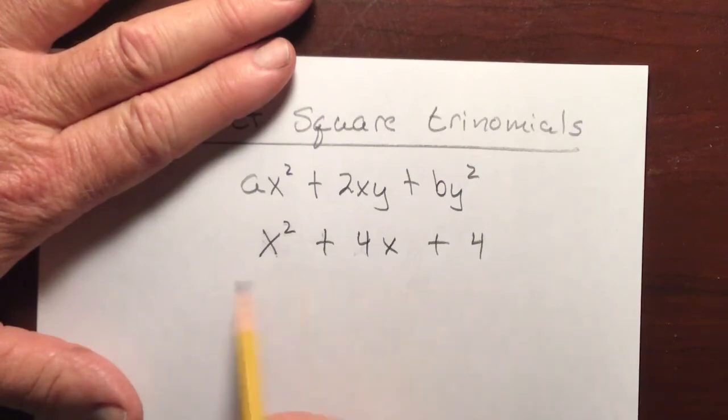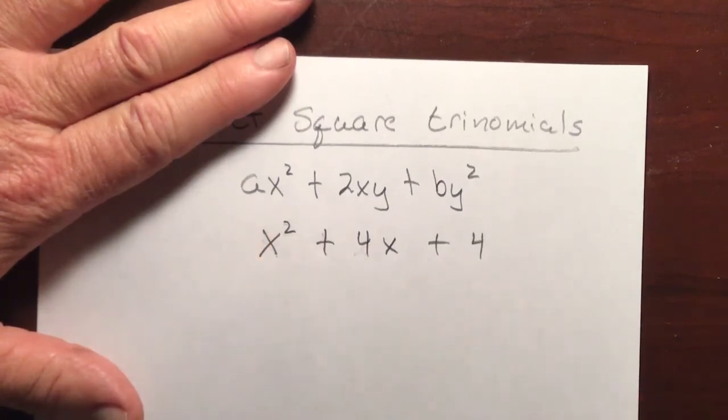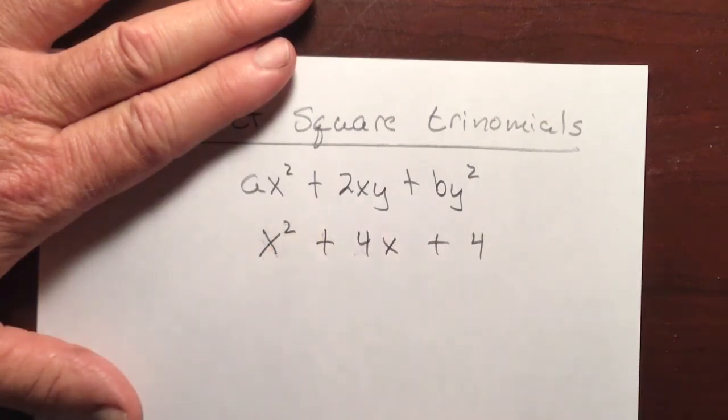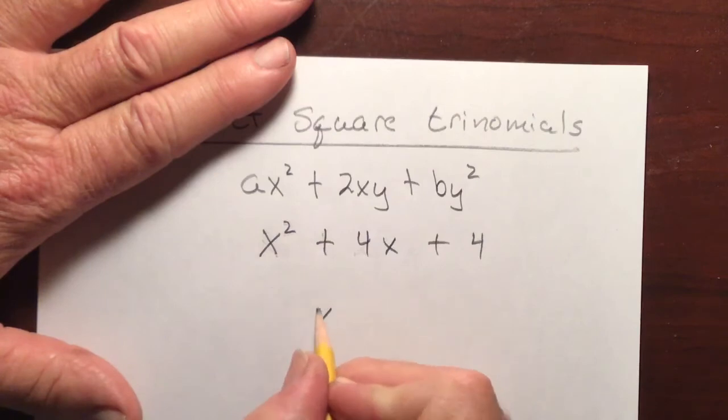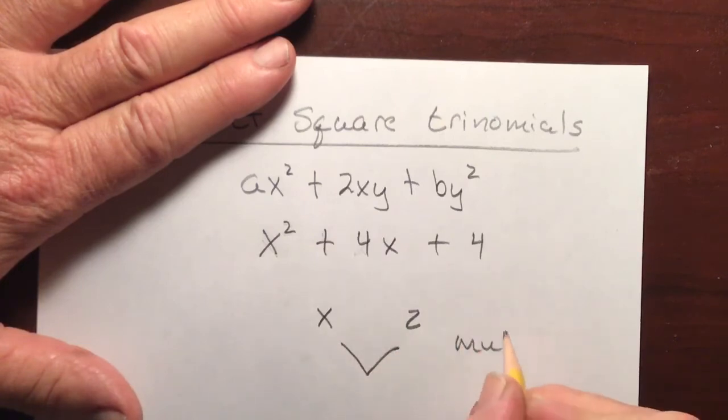If you factored this the same way that I showed you when a is 1, it's still going to come out the same. But what you could do is say, oh okay, what's the square root of x squared? x. What's the square root of 4? 2. You take these two, you multiply them, and double.